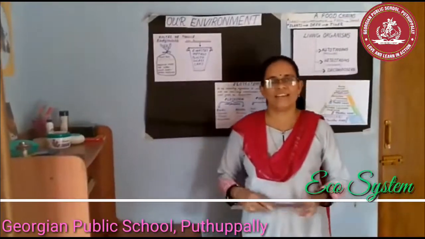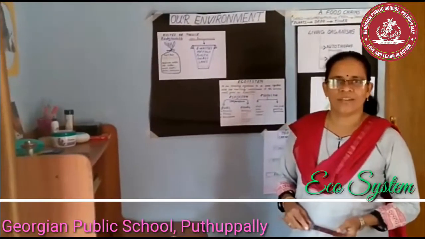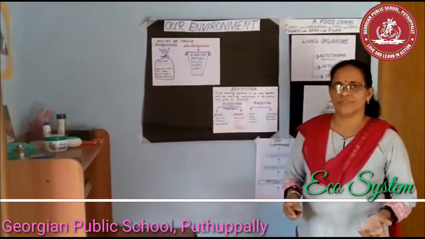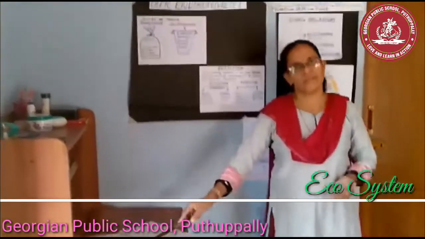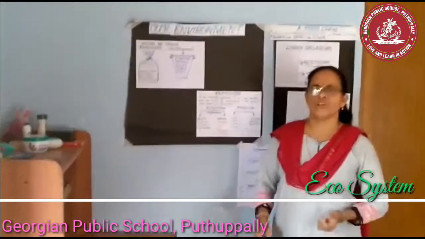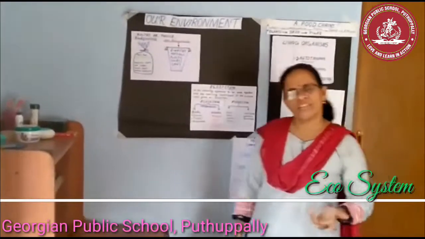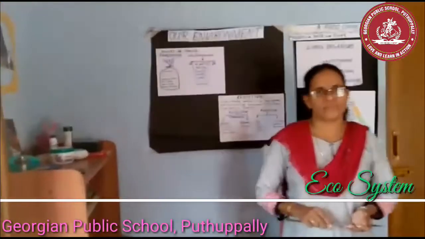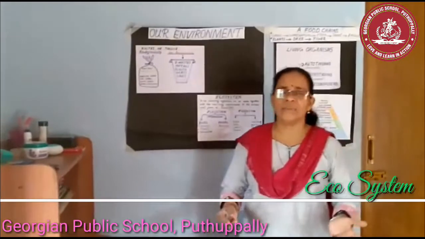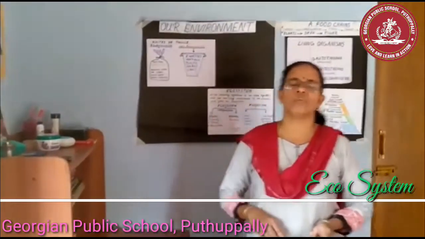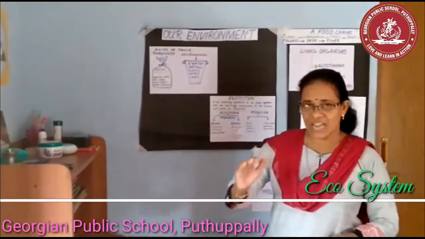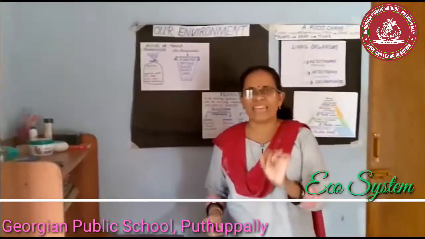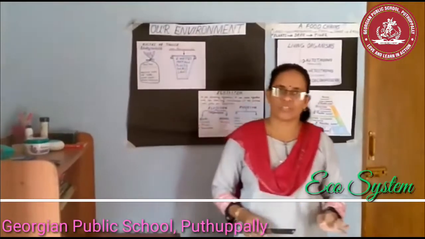Now let's learn about ecosystem. Children, have you heard of this term? I think it is familiar for you. You have learned this term in social studies also and in your lower classes. Okay, what is an ecosystem? All the living organisms, humans, animals, plants, and microorganisms interact with their physical surrounding for maintaining the balance in nature.